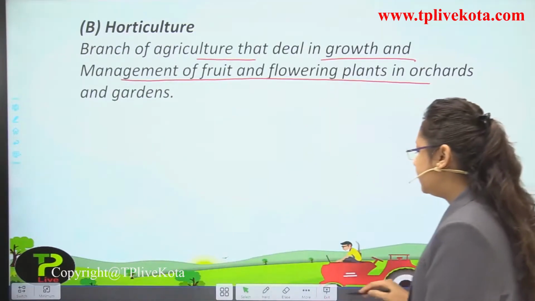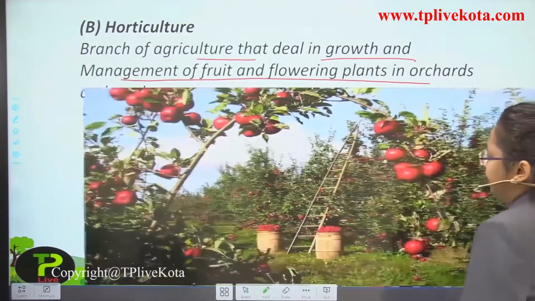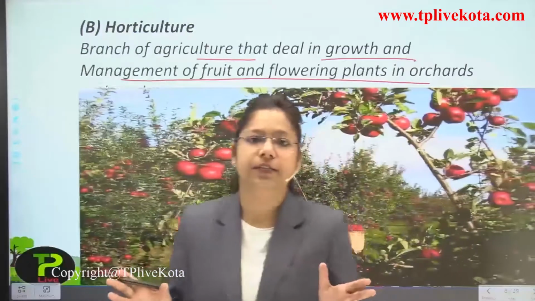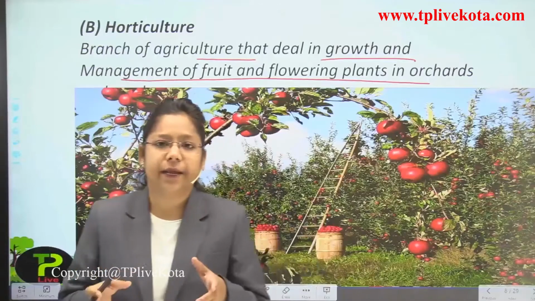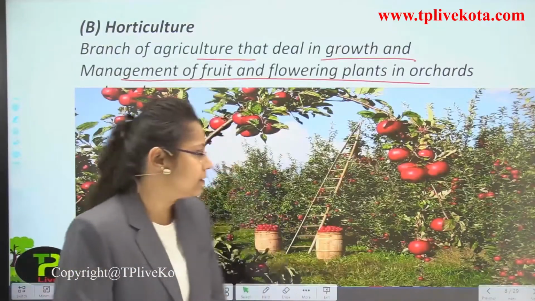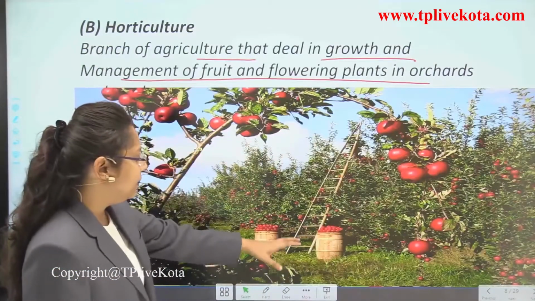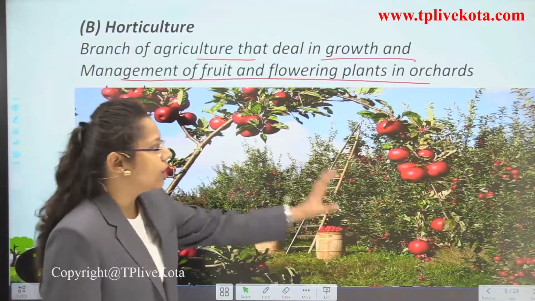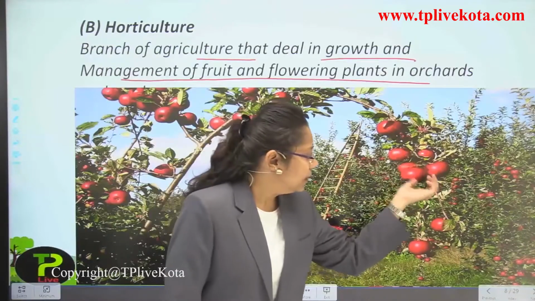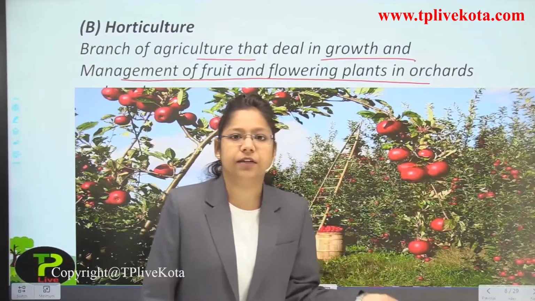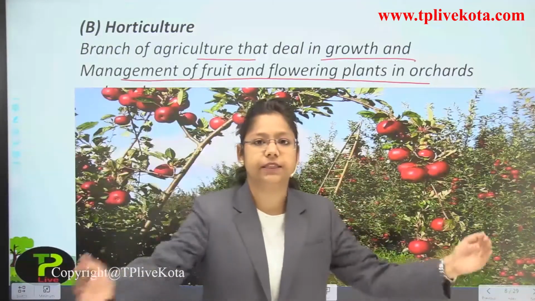Now let us see with a beautiful diagram over here how the orchards are rich in apples, grapes, bananas and everything else. So you can see here this garden is raised, or we can say an orchard is raised here, and these apples are embedded over each and every plant. So these are grown in a particular space over here.